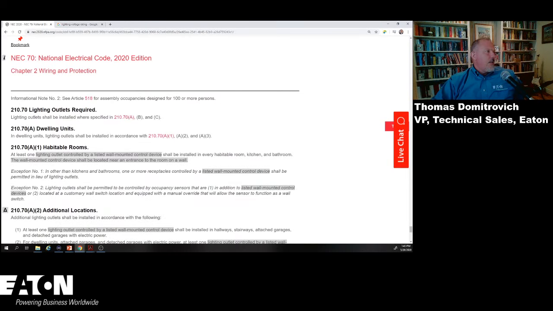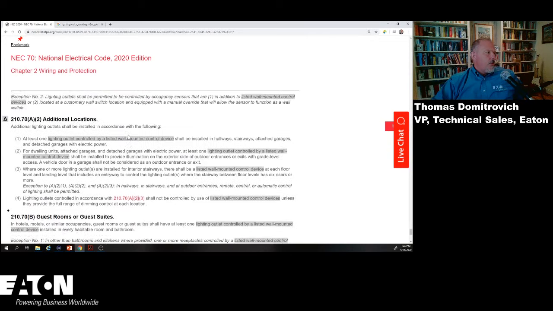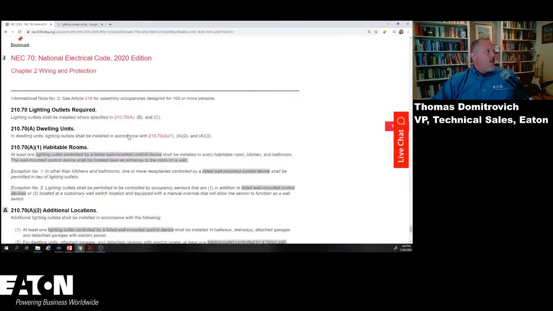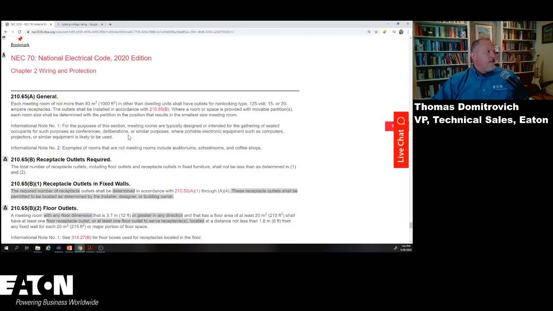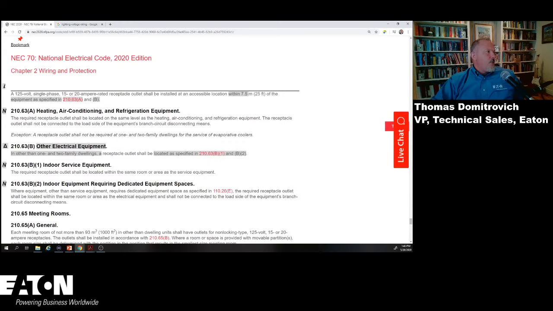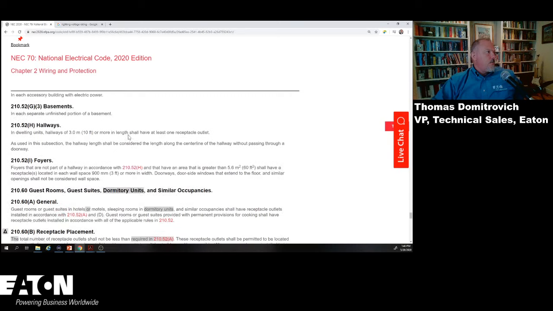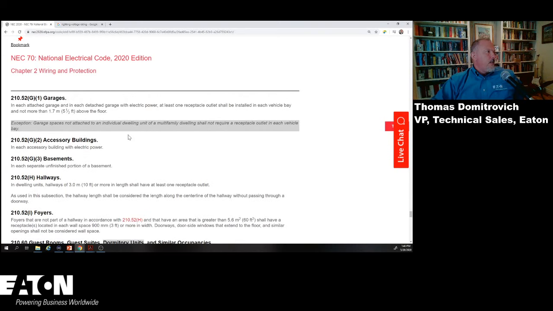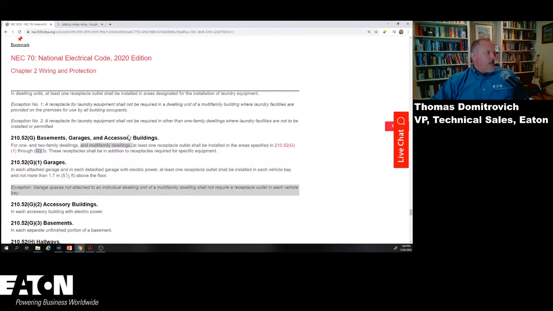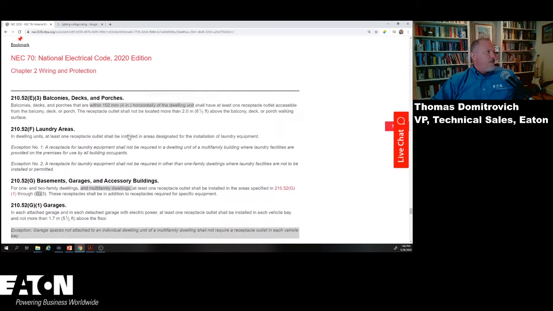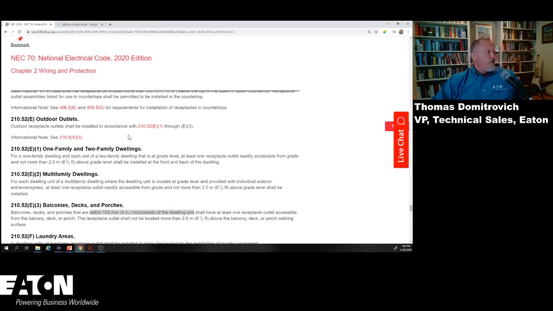So this is your lighting outlets for habitable rooms, additional locations, guest rooms and guest suites, all occupancies. Meeting rooms, other electrical equipment, HVAC, showroom windows, guest rooms and guest suites, basements.